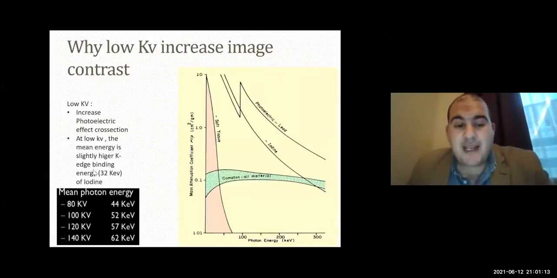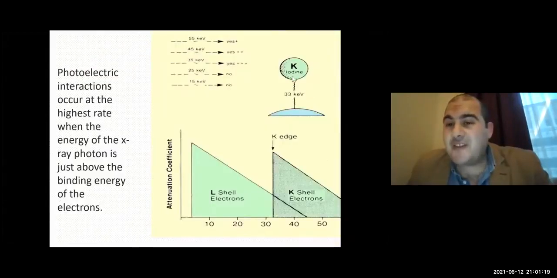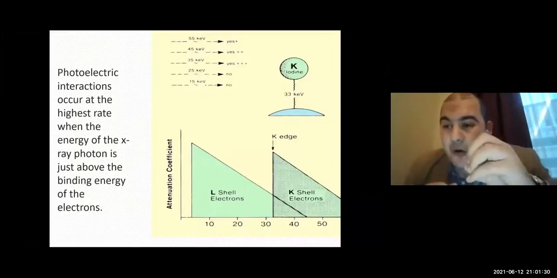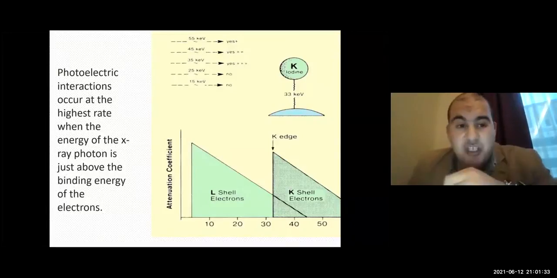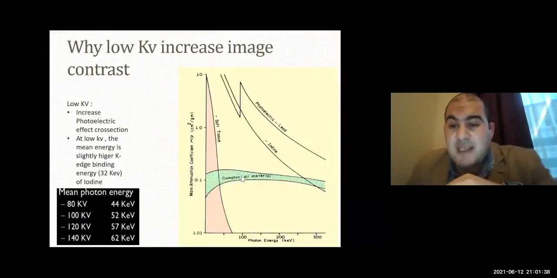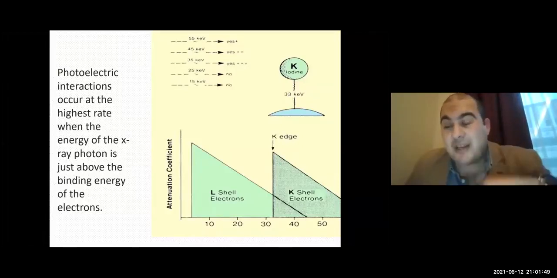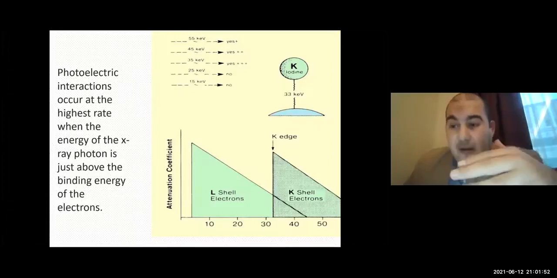So now you will find the K edge here, this is for iodine contrast. The electron in the K shell has a binding energy of 33 kilo electron volt. So there is a matching between the incident photon in case of low kV, which is around 44 kilo electron volt when using 80 kV. This matching, or energy slightly higher than the binding energy of the electron, makes the probability of photoelectric interaction inside the iodine or contrast media higher.